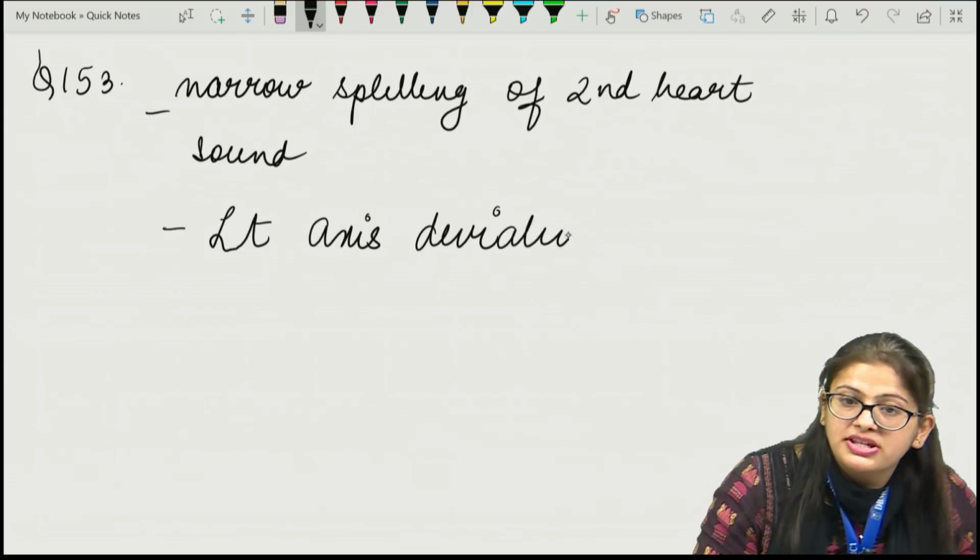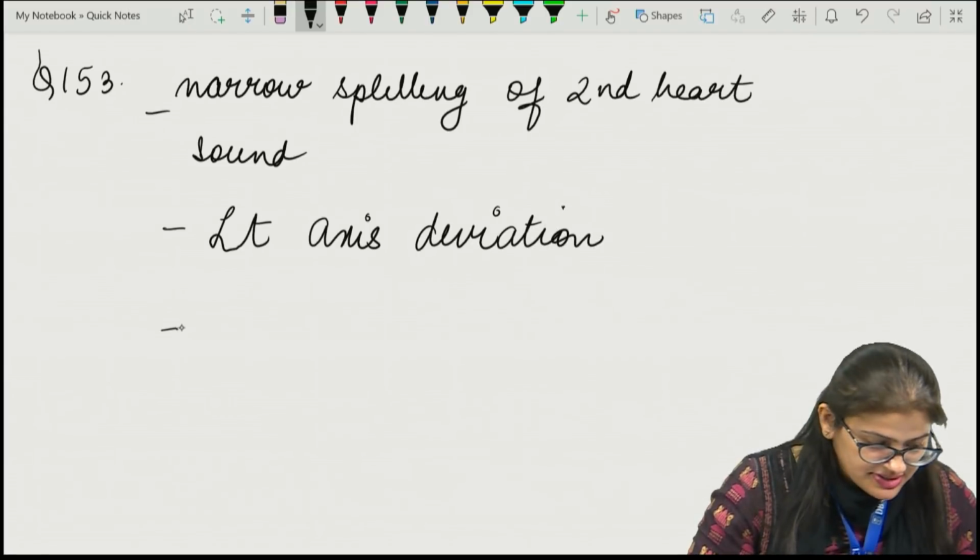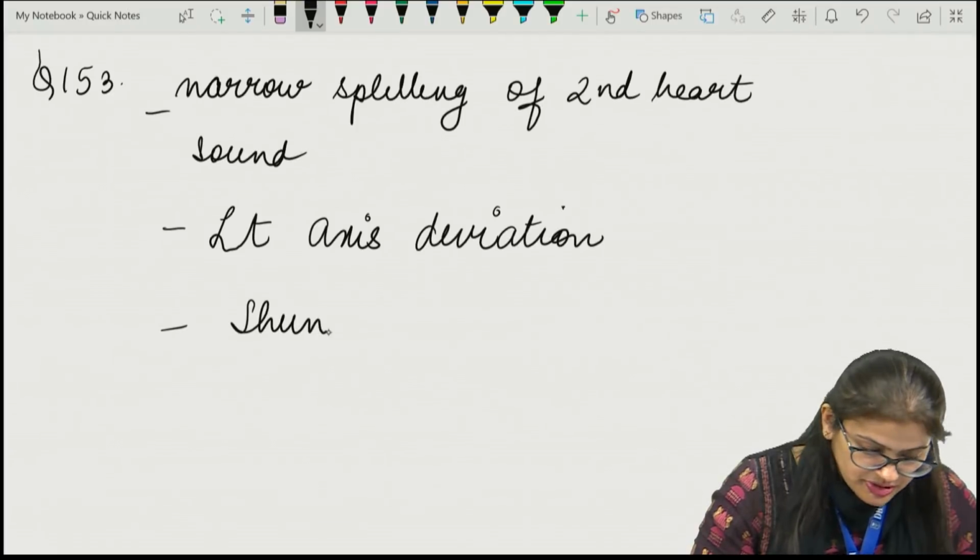So these are the false statements about ASD.